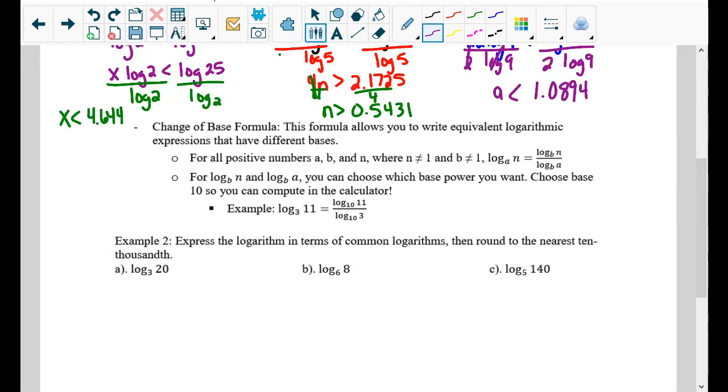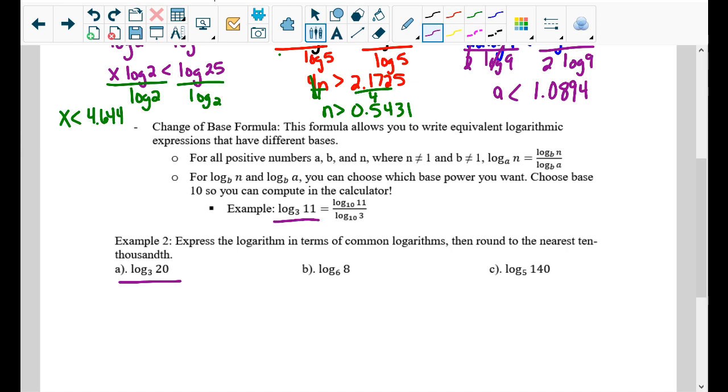Change of base formula. Going back to before, in our calculator, we can't calculate log base 3 of 20, because our calculator is only log base 10. So we can use this change of base formula. If you look at this example, that's the easiest one to look at.